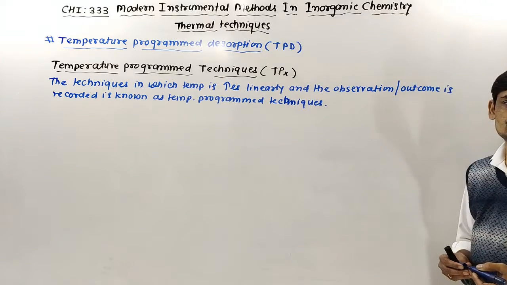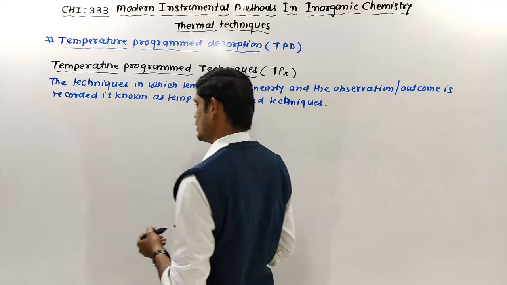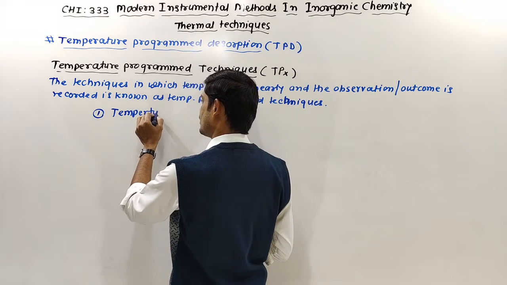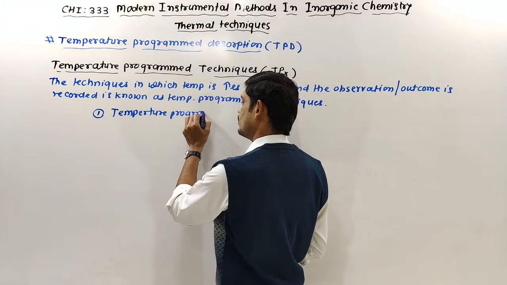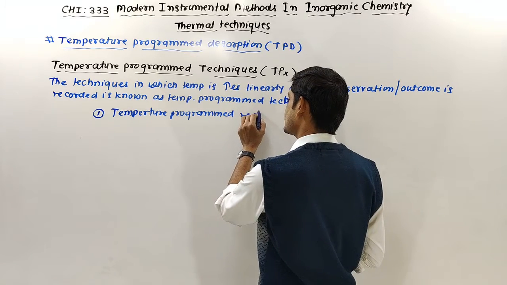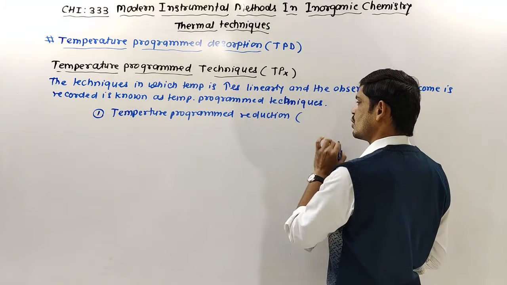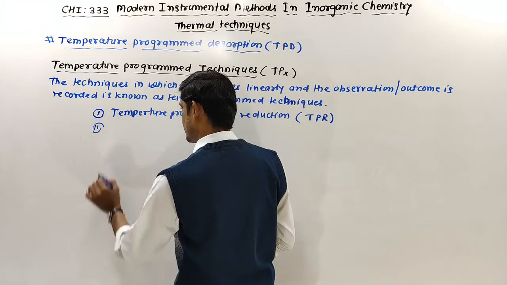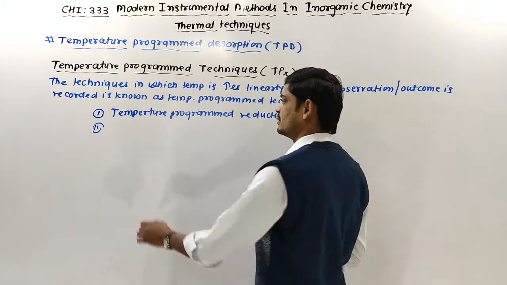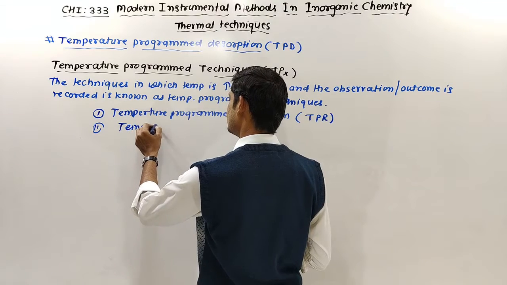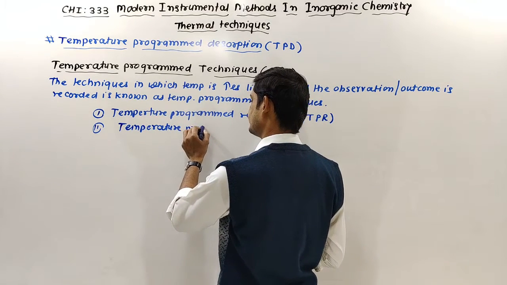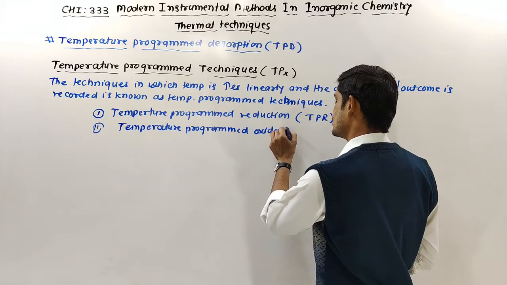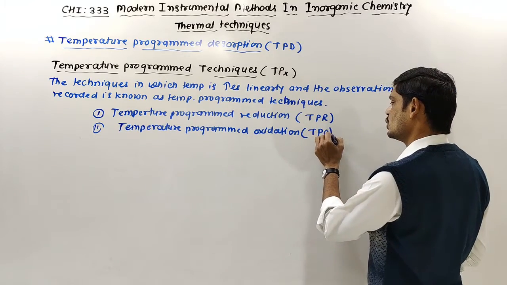There are a number of temperature programmed techniques. The first one is temperature programmed reduction, shortly abbreviated as TPR. Second is temperature programmed oxidation, TPO.